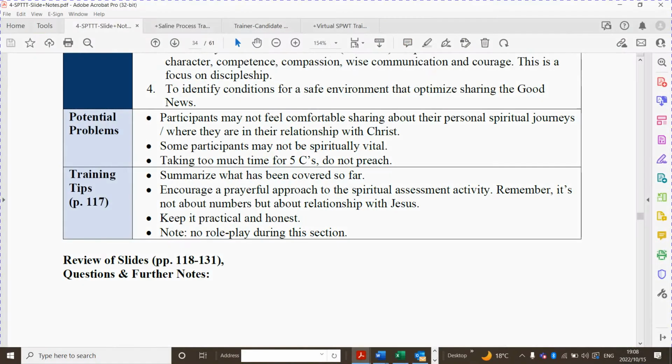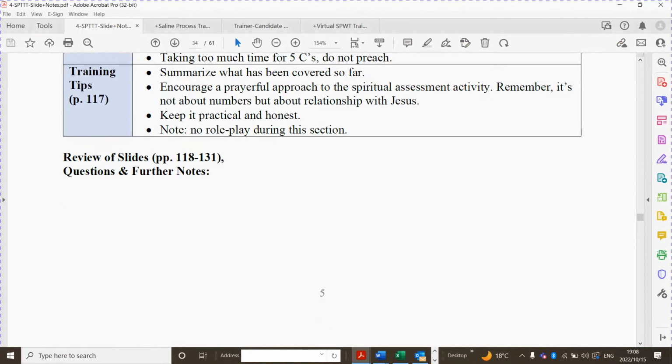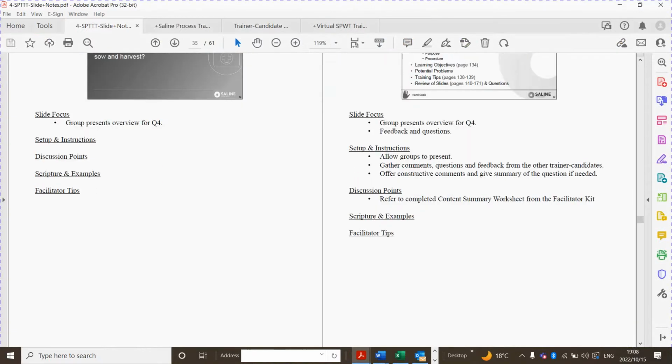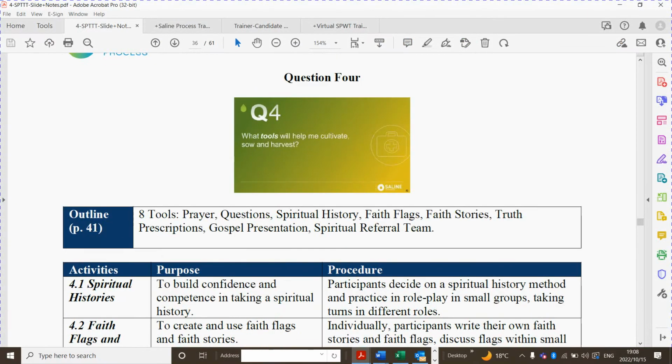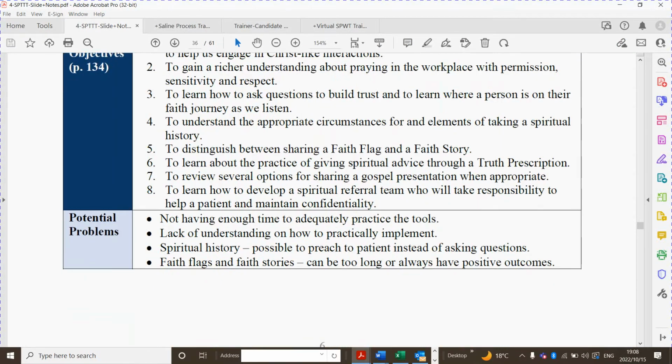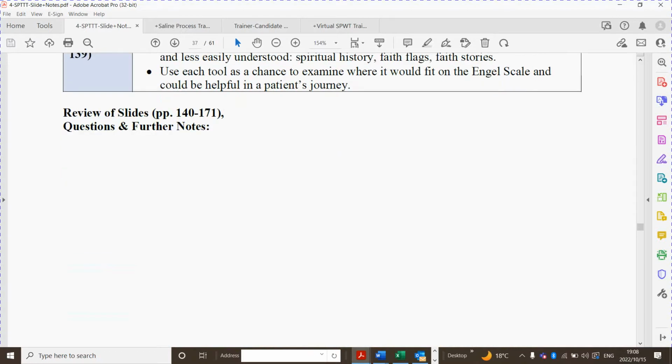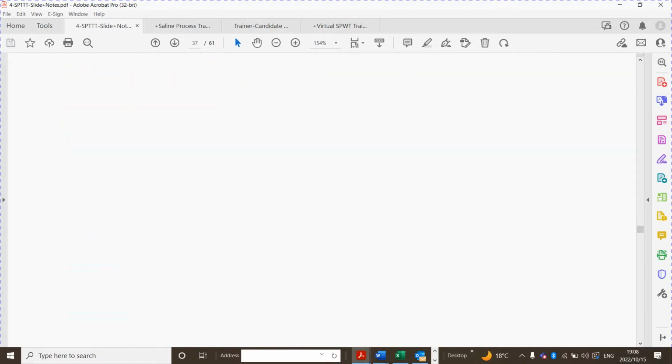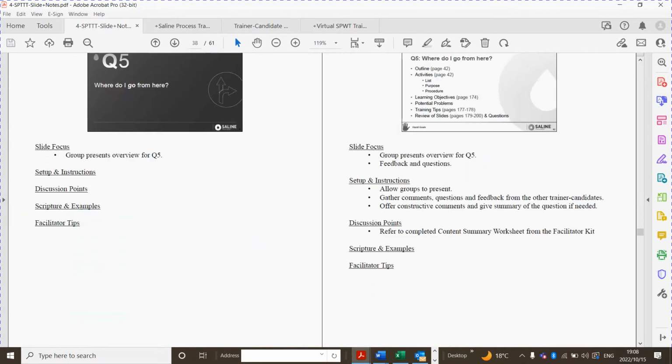Because after going through the first question, second, third, and the fourth, we should have seen ourselves, should have seen our position, we should have seen what's expected of us. We should have got a clear picture of ourselves and the work of the Lord in our workplace.